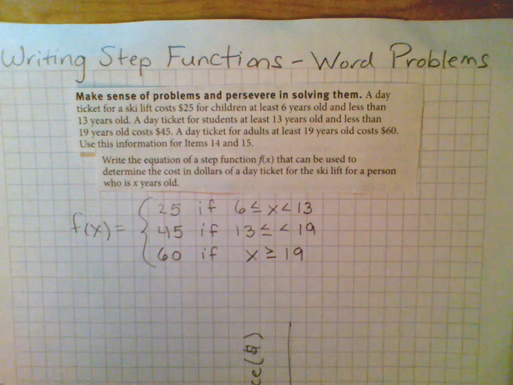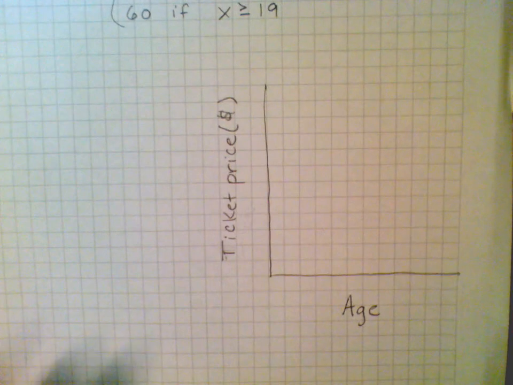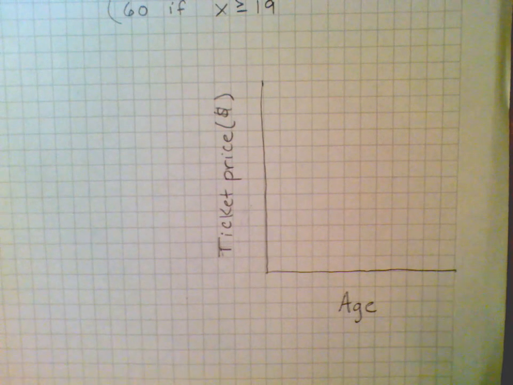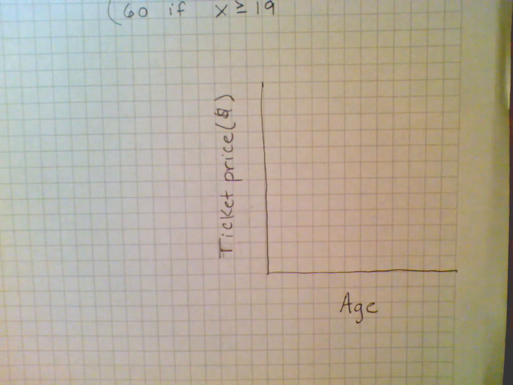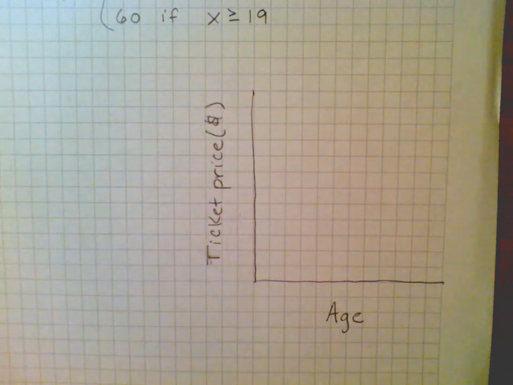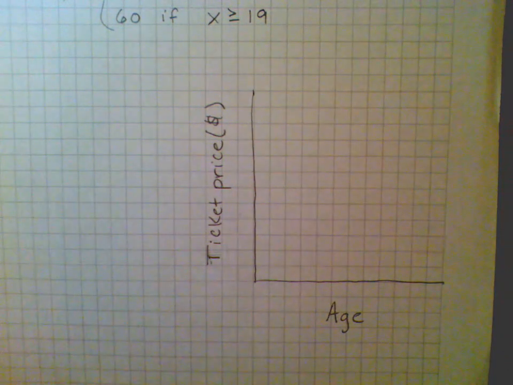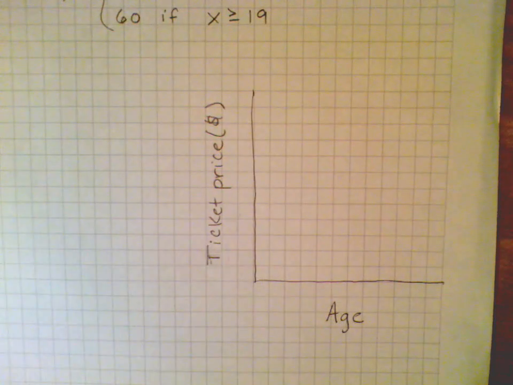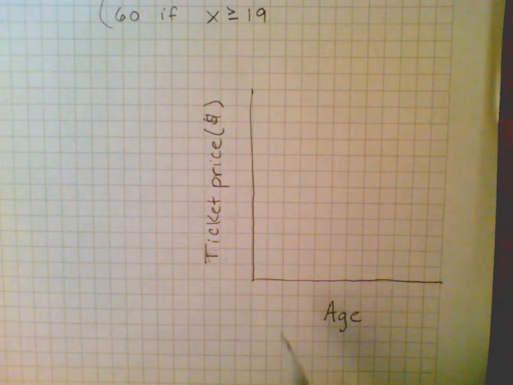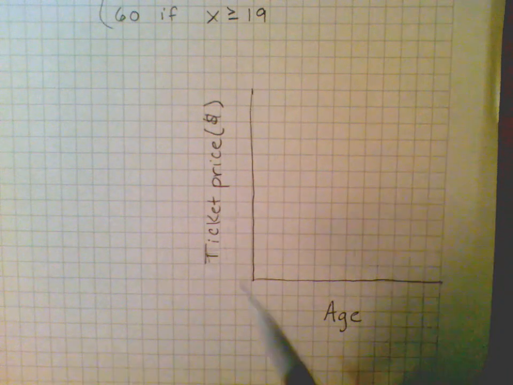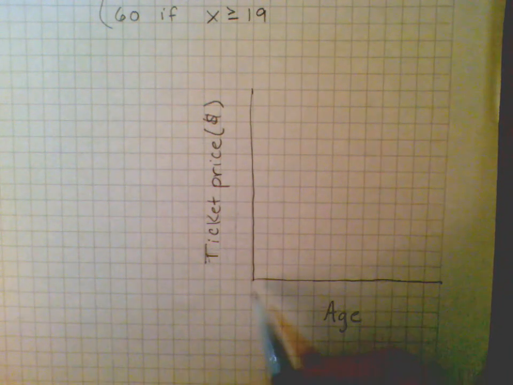Now we're going to put this on a graph. So go ahead, I've kind of started a little graph right here. Age on the x-axis, and then the ticket price in dollars on the y. Okay, I'm going to go by 2's on my age axis. So this is at 0.